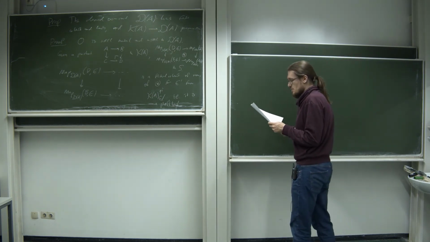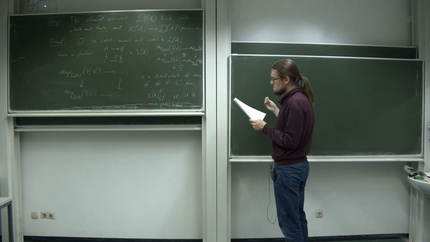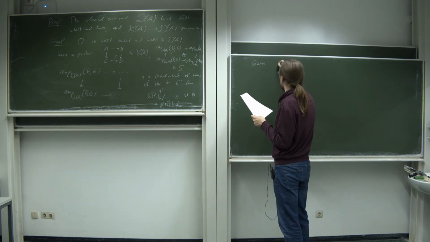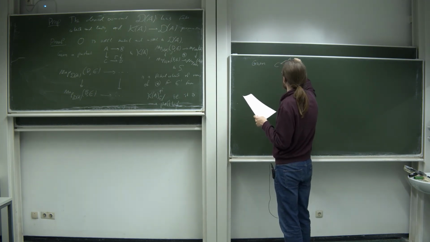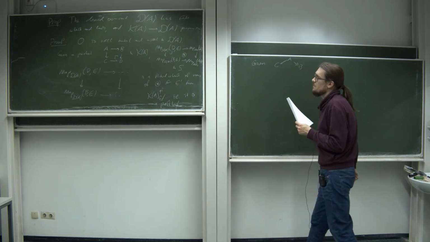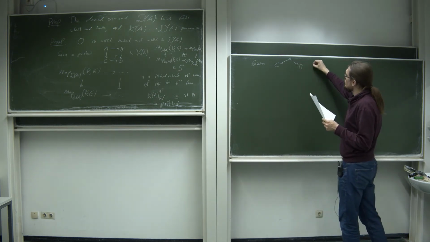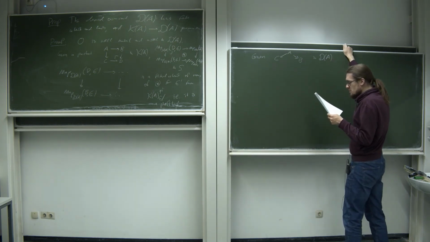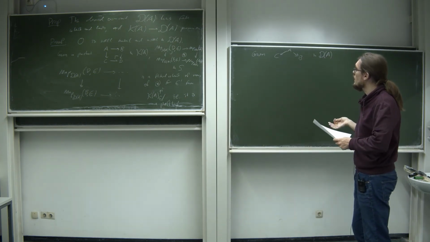So what are we doing? Well, for the existence, we start with a diagram of A, B, and C. But now this is a diagram in D of A. And we want to show that it admits a colimit.